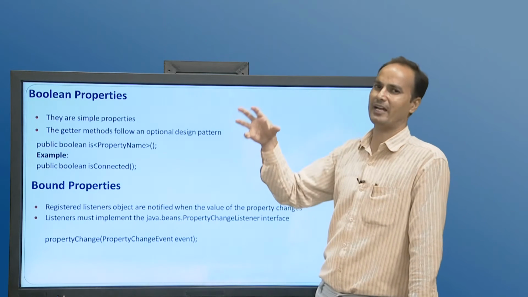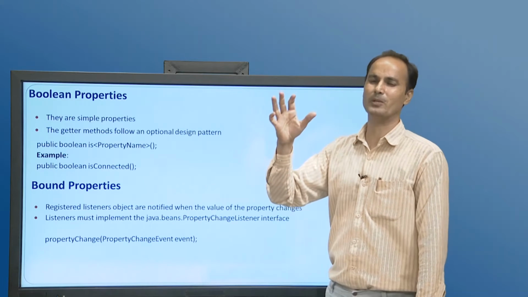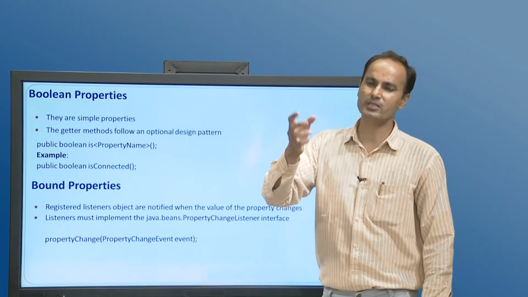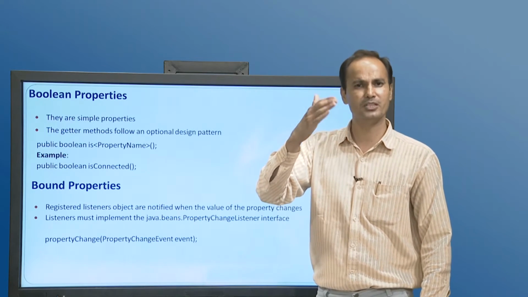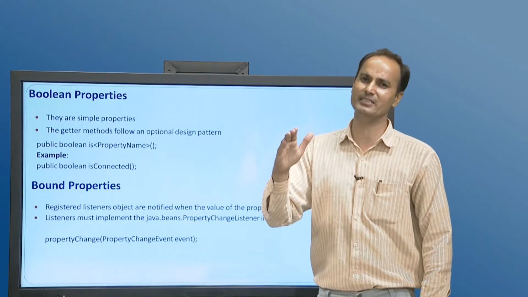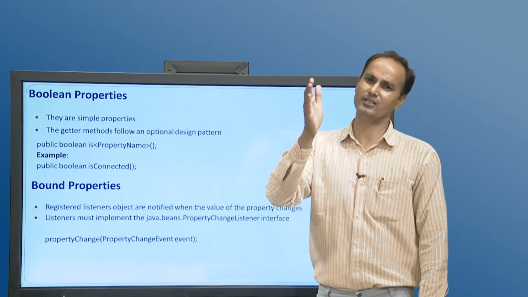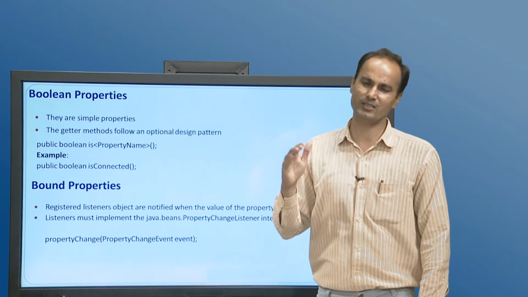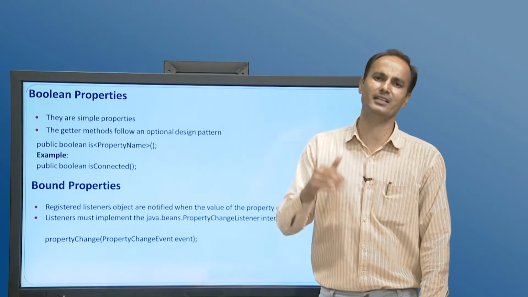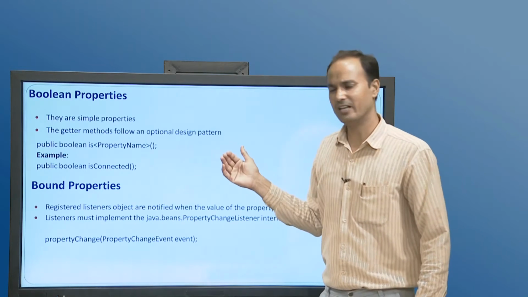So whenever an event triggers or the property changes, the listeners bound to a particular component will be notified about the change in the property, and once the notification reaches the bound listeners, they will handle it as per their code.